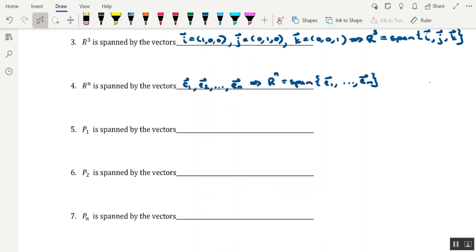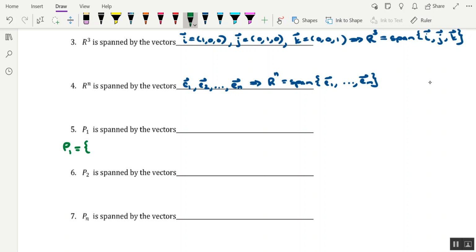Now, a set of polynomial vectors can serve as a span of polynomial spaces. P sub 1 would consist of the set of all polynomials of degree 1 or less. I can give you one version of P sub 1 in set notation.